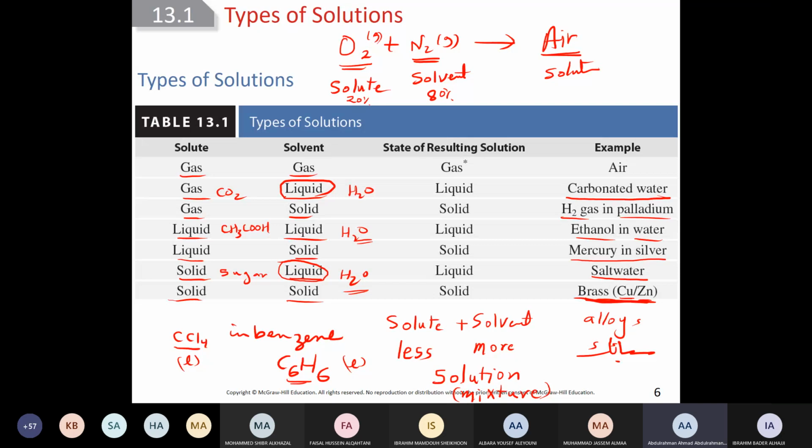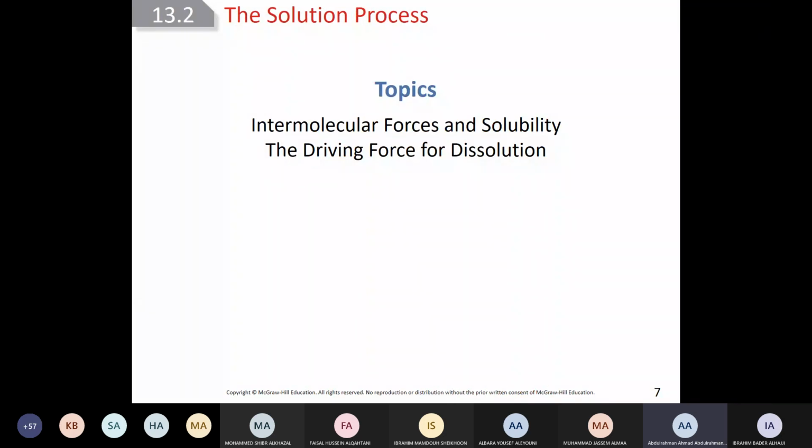Yes, okay. What makes things dissolve? Why does NaCl dissolve in water? Let me help you. NaCl, when it dissolves in water, what is it going to give you? Na plus and Cl minus.